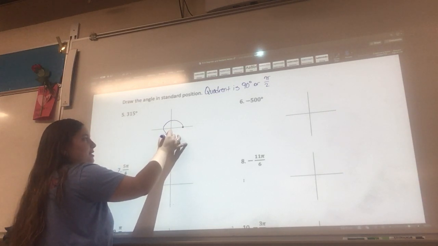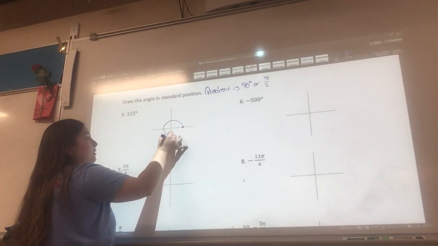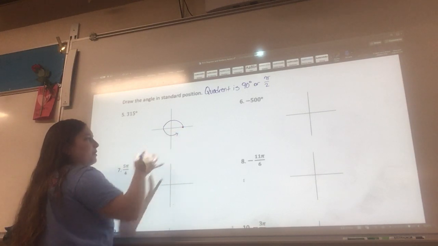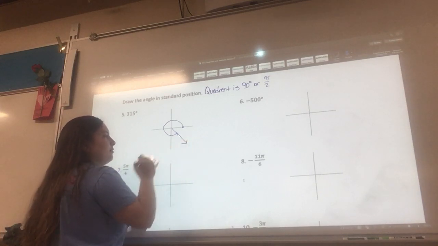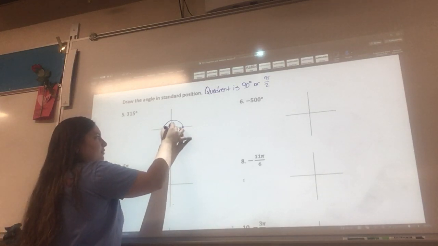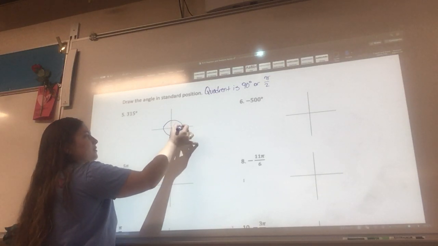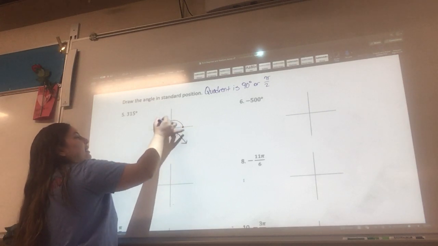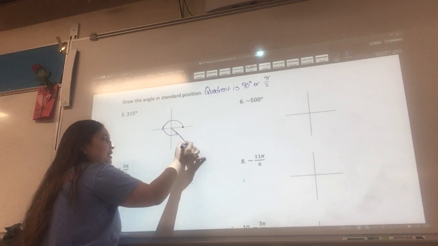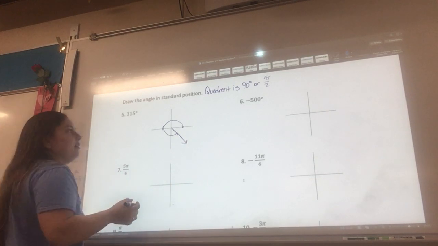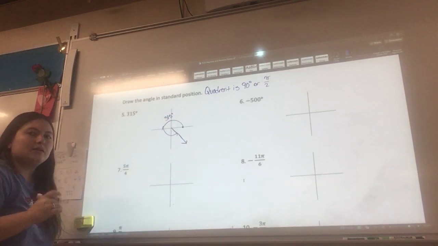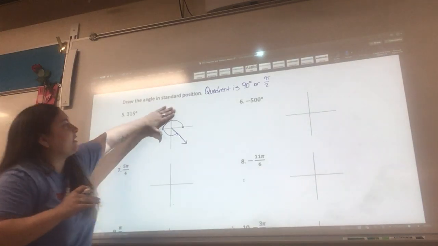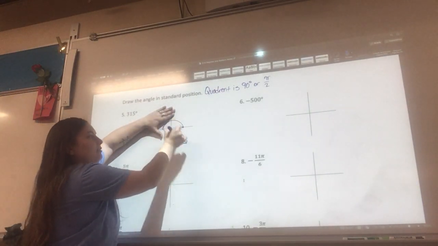Another 90 equals 360, so we know 315 should be right in here, and this is my angle. In drawing, you start here, go counterclockwise, and make an angle. This indicates that you are at 315 degrees. You have to at least give me a circle and an arrow.